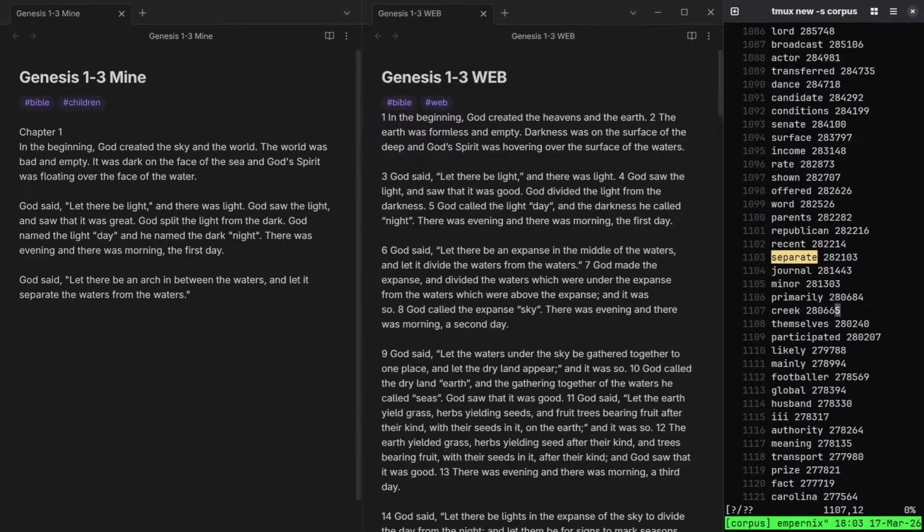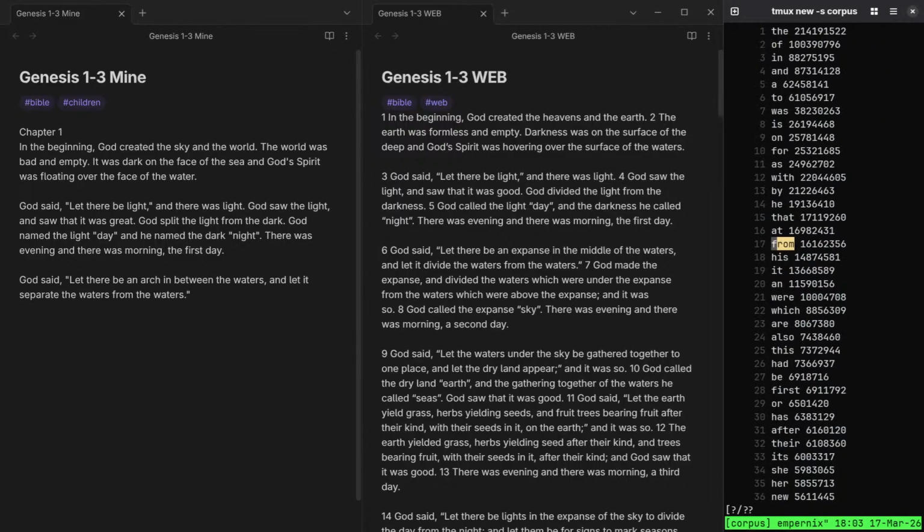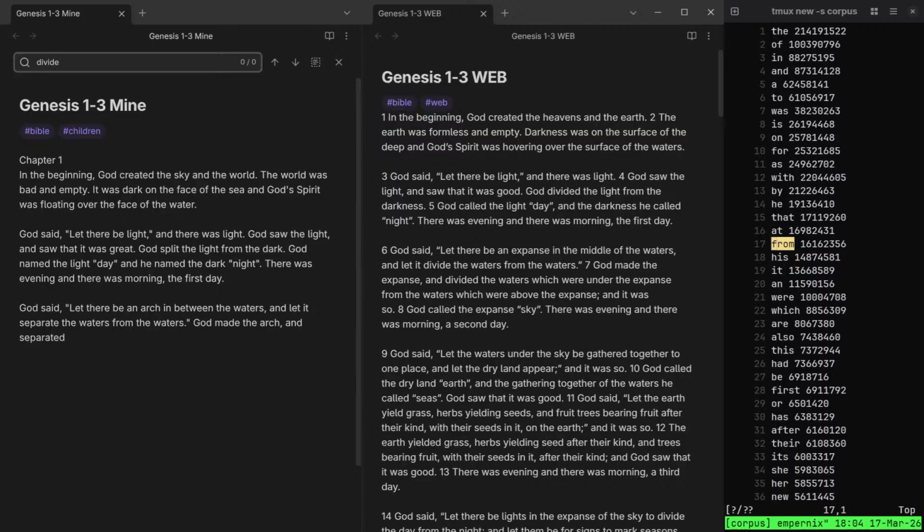From is common, I'm sure, right? It's very common. God made the arch and separated. See, I have to use the same word throughout, I think. Split. I used split before. I'm going to use split here, just following my gut.